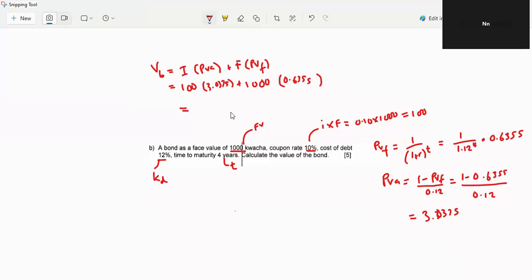$303.75 plus 635.5, which is 939.25. What type of a bond is this?